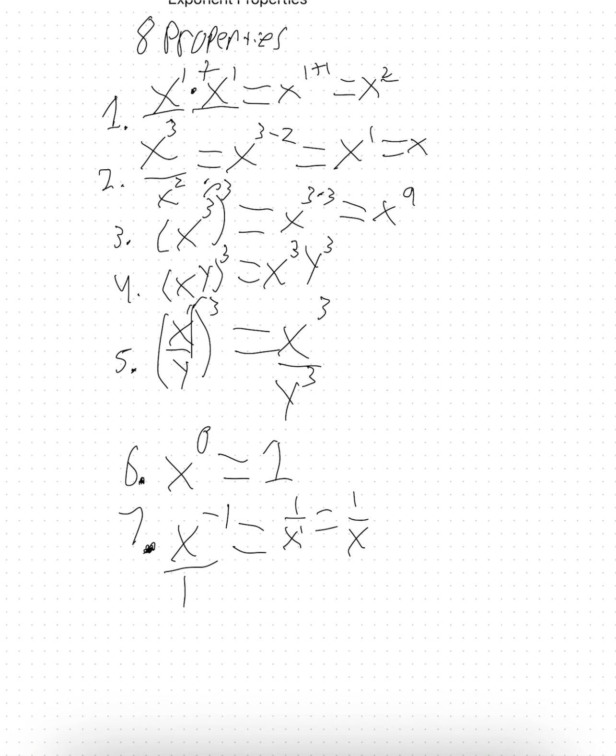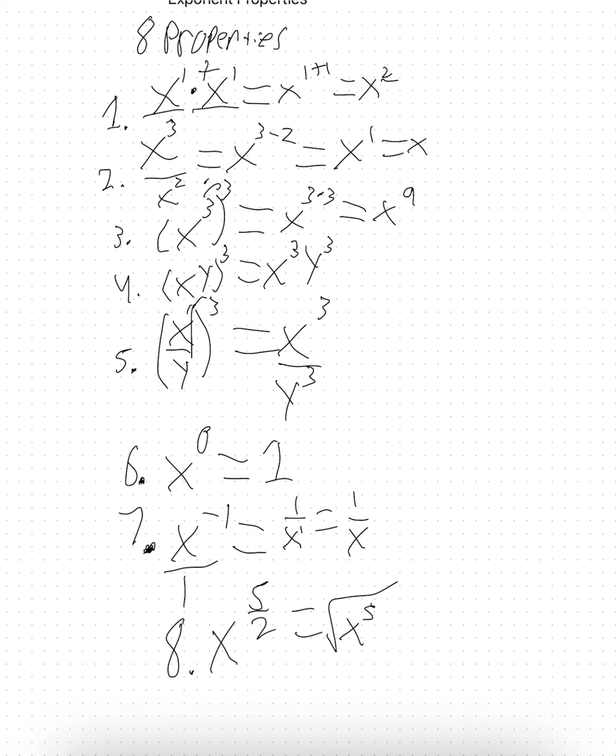Now we go to our 8th property, which is with square roots. So it says that x to the, let's say, 5 over 2 equals the square root of x to the 5th. Okay?